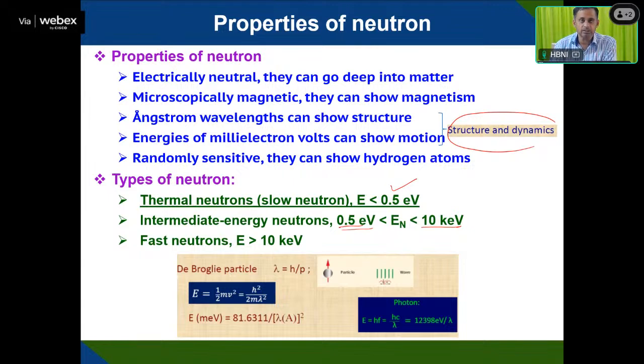And if the energy is quite high, greater than 10 keV, you see the fast neutron. This neutron obeys the de Broglie equation, lambda equal to h by p, which means it also has a particle characteristic.